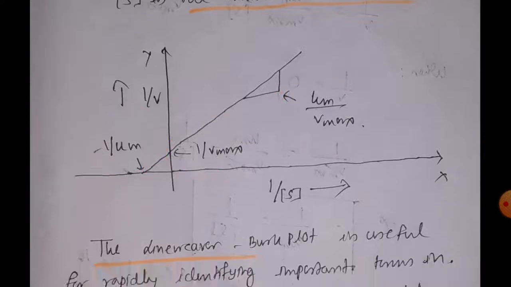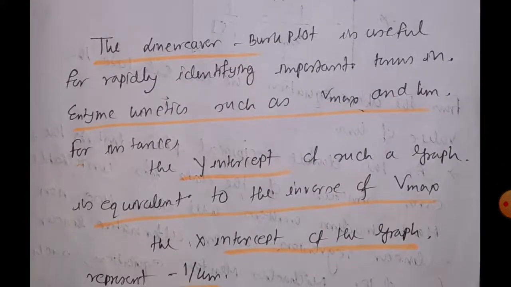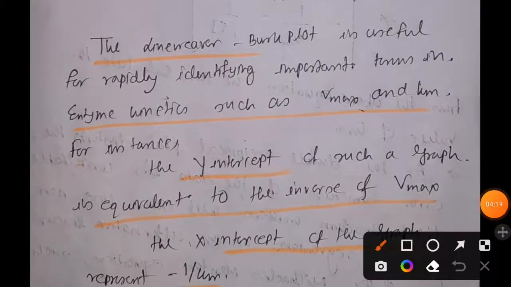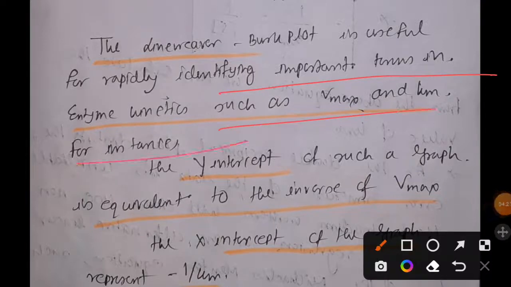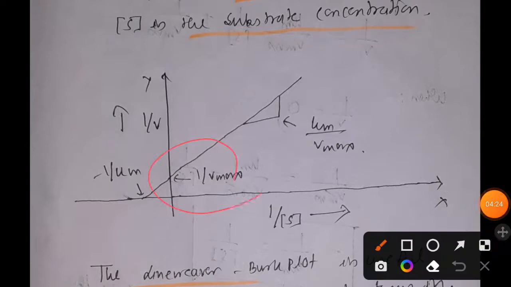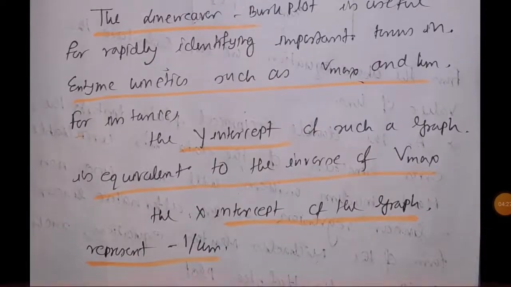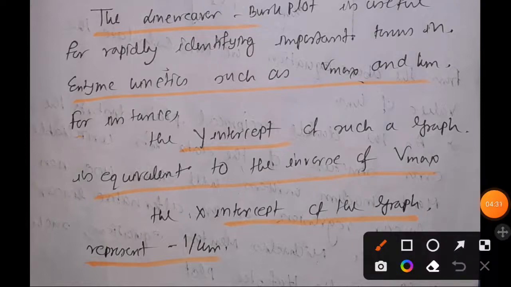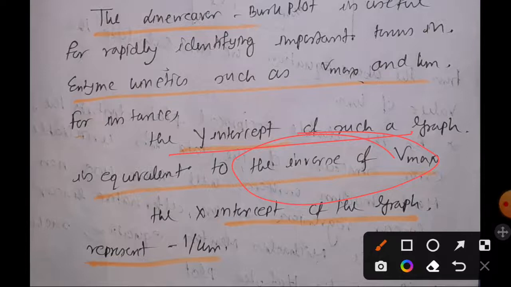The Lineweaver-Burk plot is useful for rapidly identifying important terms such as Vmax and Km. We can calculate the value of Vmax easily with the help of the intercept of y. The y-intercept of such a graph is equivalent to the inverse of Vmax, and the x-intercept is equivalent to minus 1 by Km.